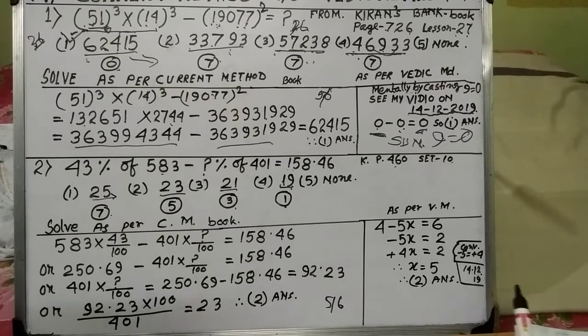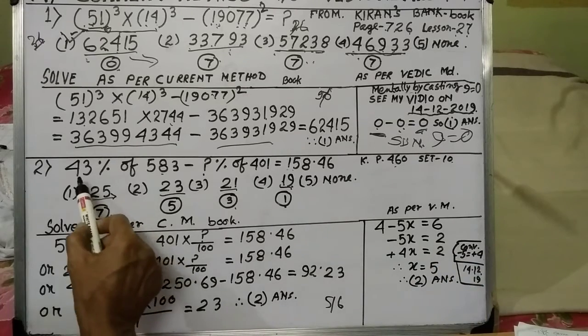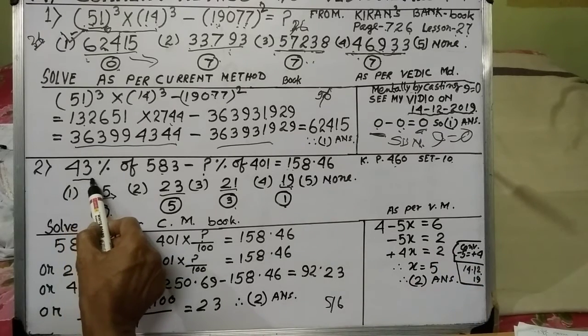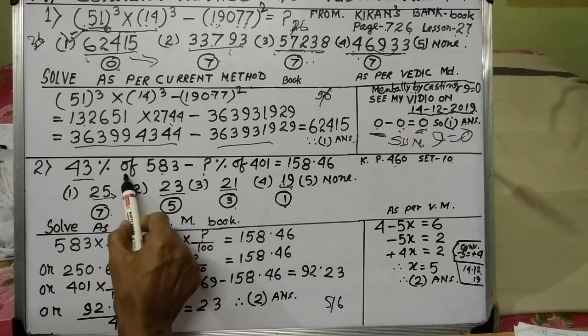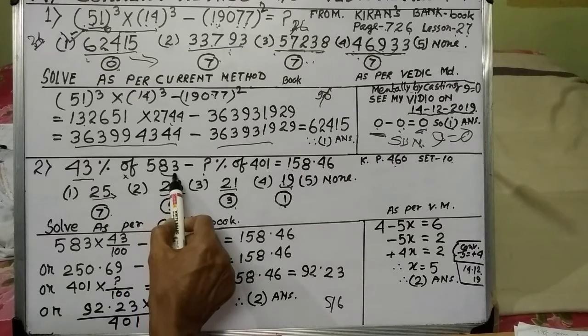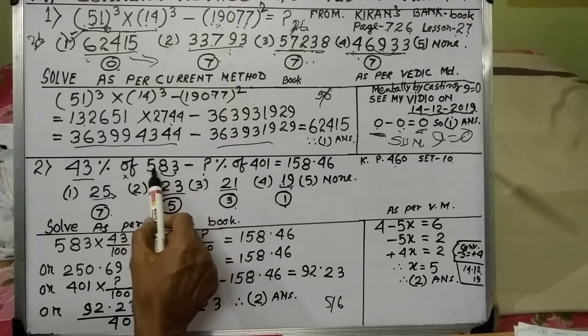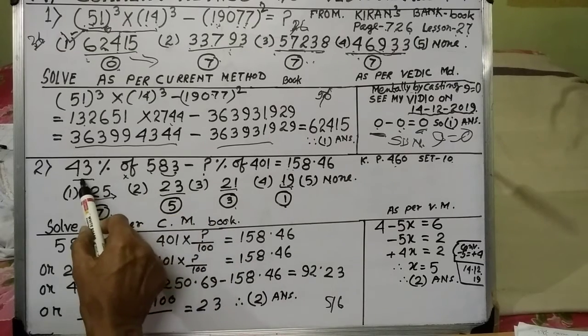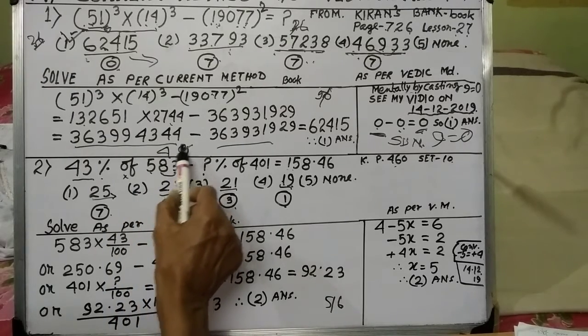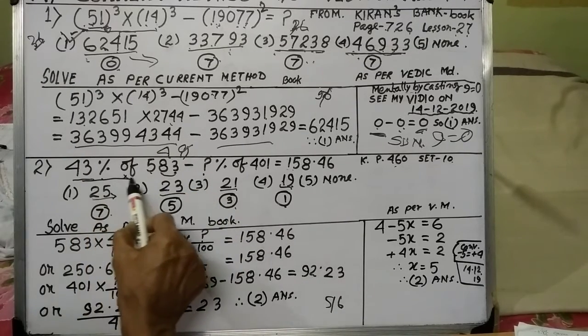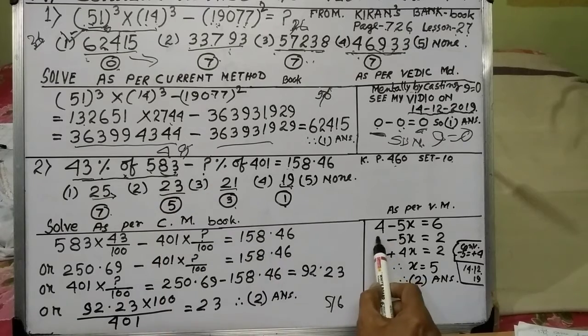But here, as per the Vedic, you see, make it casting 4, 3, that is 7, forget about this 100 because of percentage, and into 9, 8 take 1, that is 9, remaining 2, 2 plus 5, 7. 7 into 7, that is 49. So 49, 9 cancel, remaining 4.